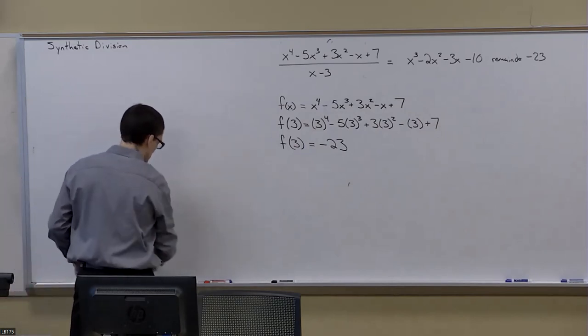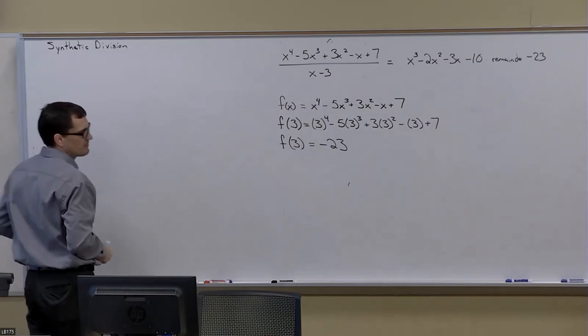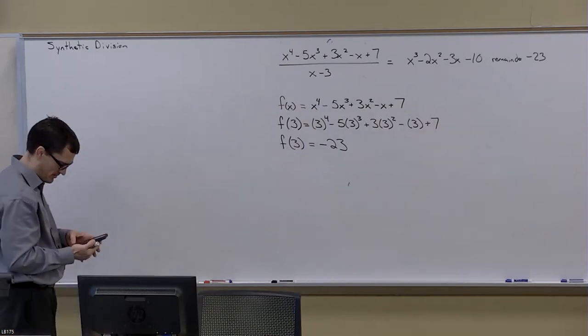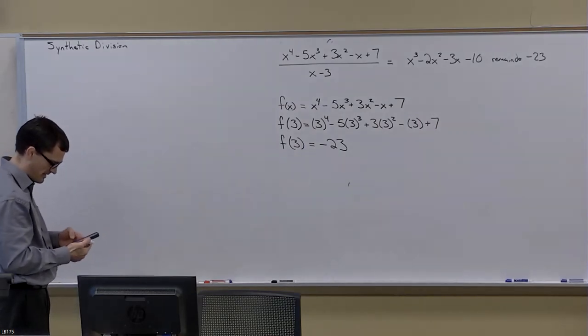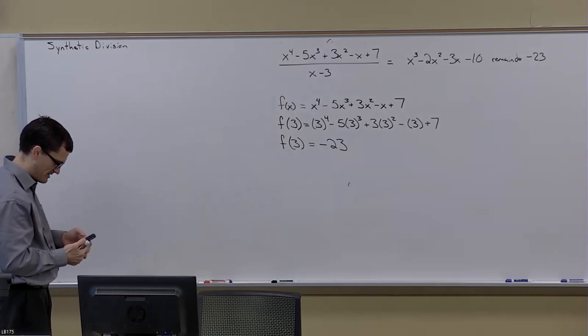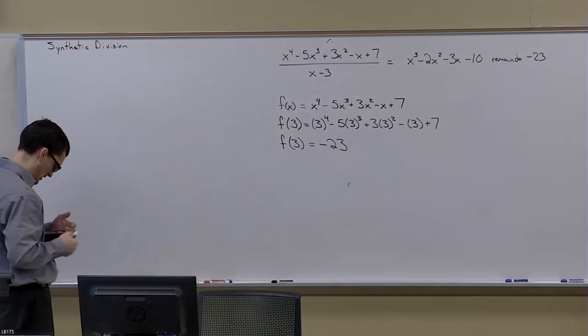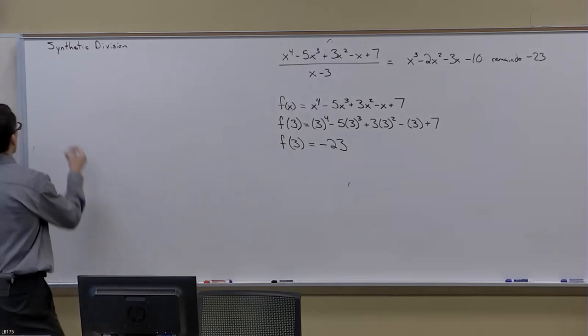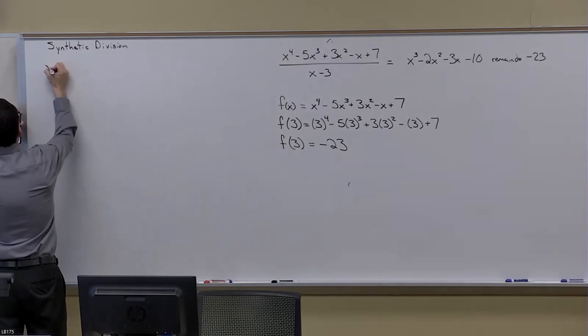Let's try it from another one. Let's try one from the one we did yesterday. Now, I forgot, but I took a picture of the one that was on the board we did last class period. So I'm going to try to rewrite that. So last time we did synthetic division.